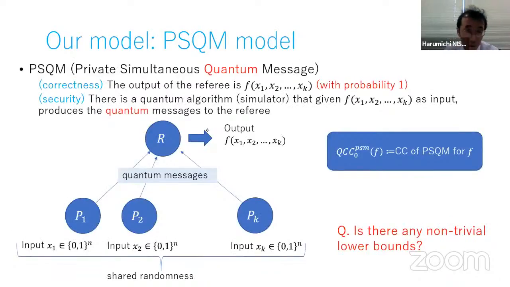Now we consider the quantum model. In our setting, the correctness is always probability 1, and security is defined with a quantum simulator. Now, the natural question is whether there are any non-trivial lower bounds.